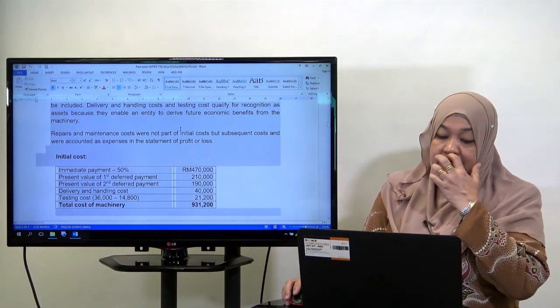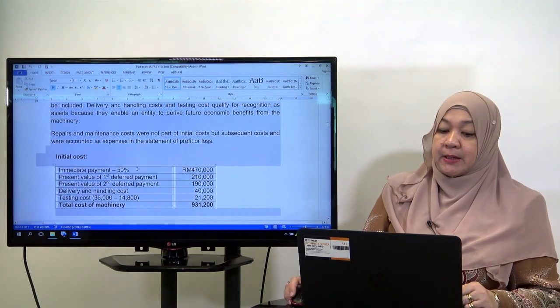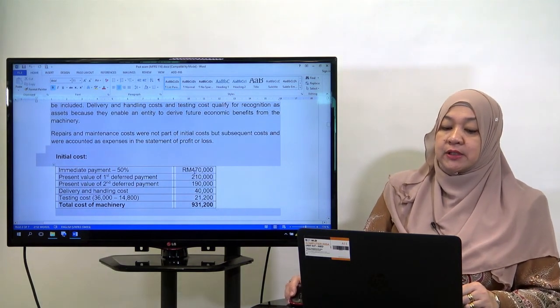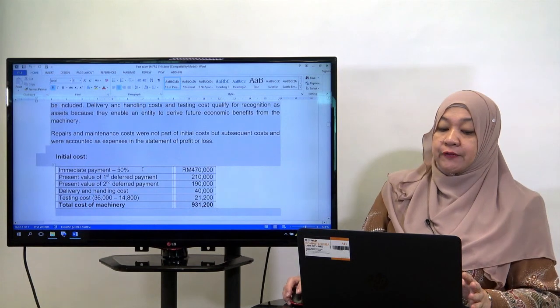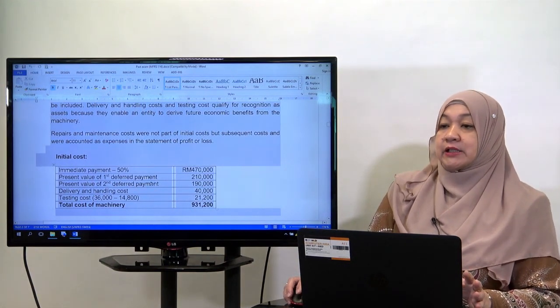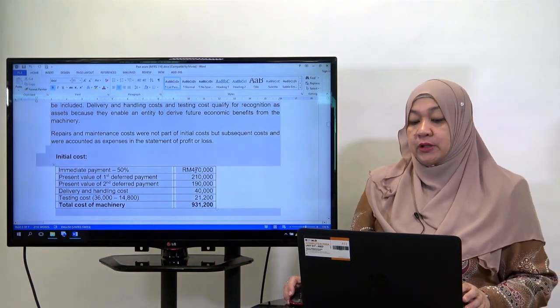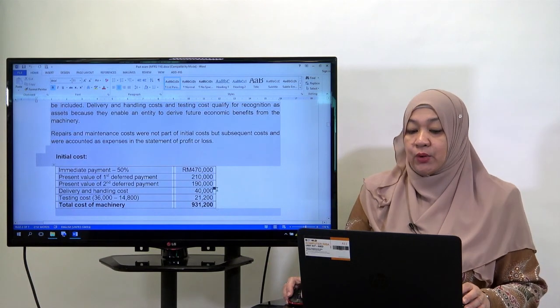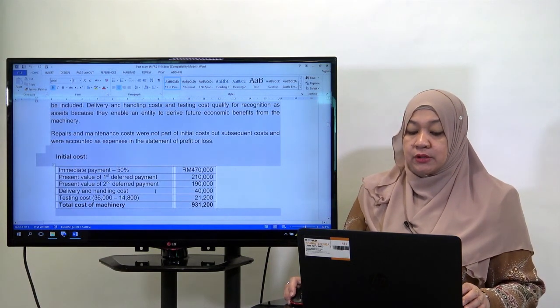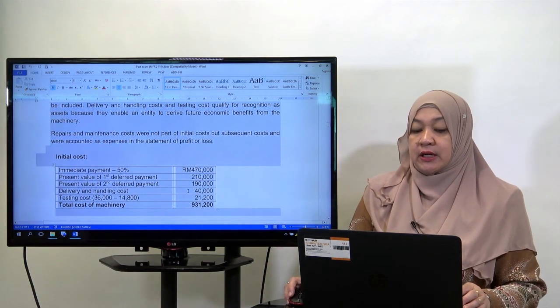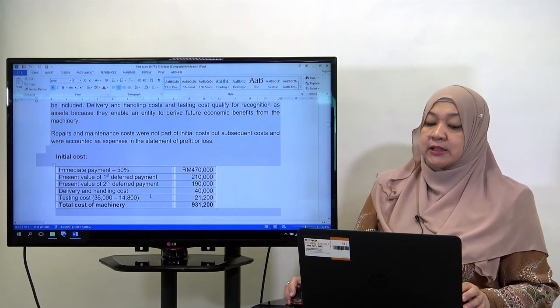So, to determine the initial cost: the immediate payment of 50,000, and we take the payment for the second and third installments based on present value, that is 210,000 and 190,000, include the delivery and handling cost of 40,000, and testing cost of 36,000.